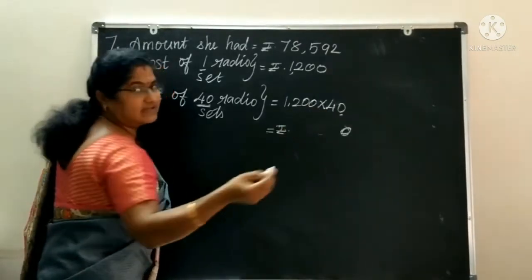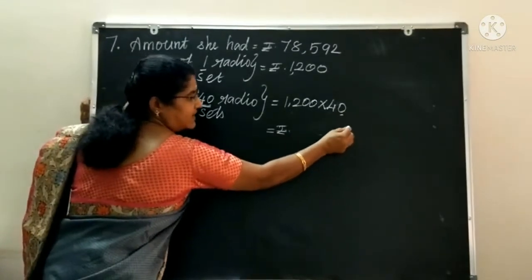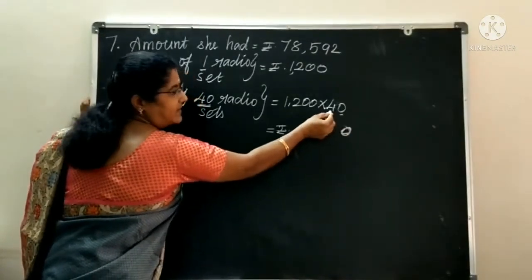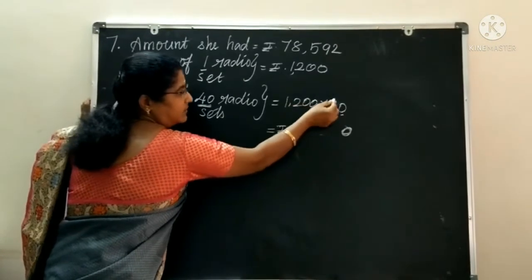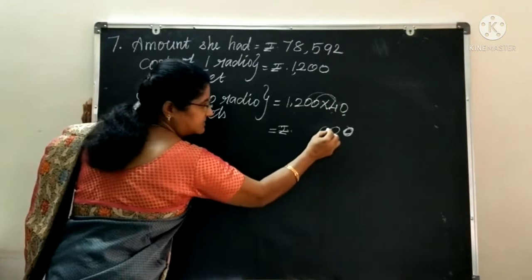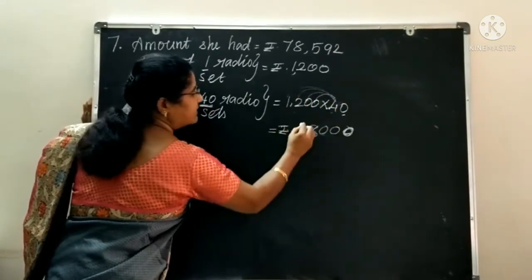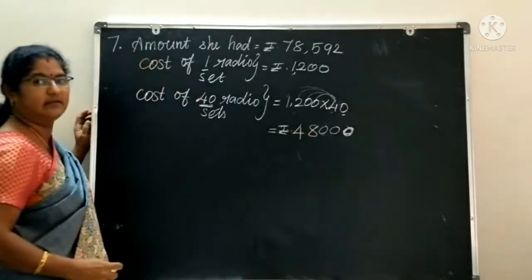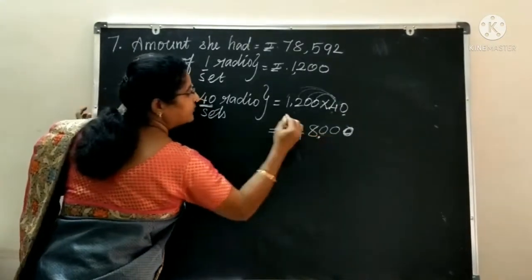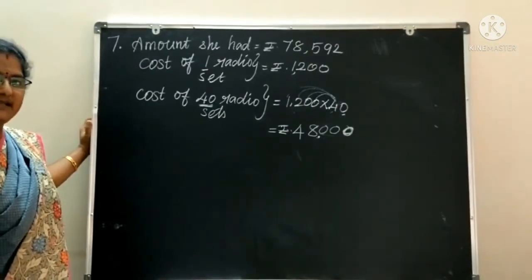Single digit multiplication very easy. Only one line only, no? For this, the one's place is 0. Next you multiply 4 with all the numbers. 4 zeros are 0. 4 zeros are 0. 4 twos are 8. 4 ones are 4. Okay. Now you can put comma. That is rupees 48,000. Understand?